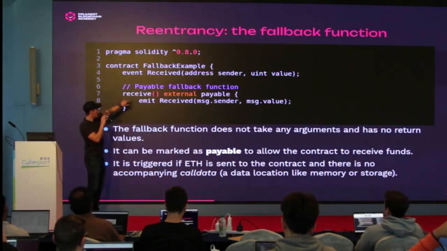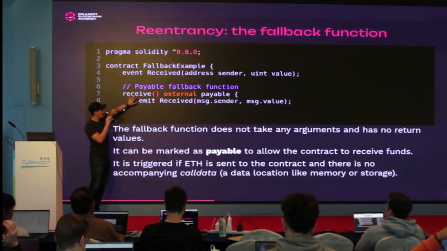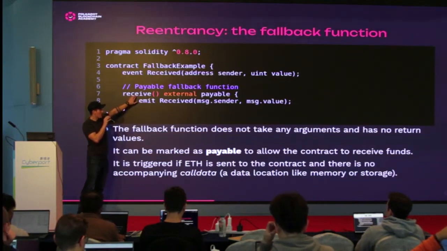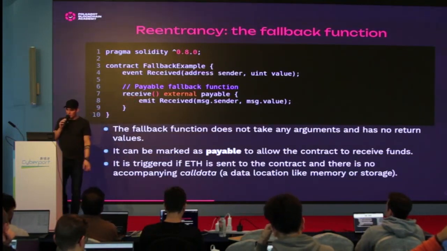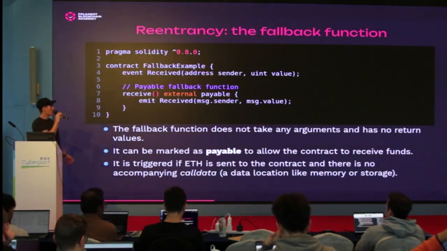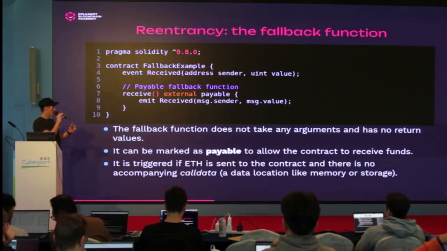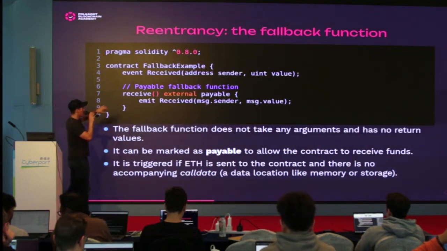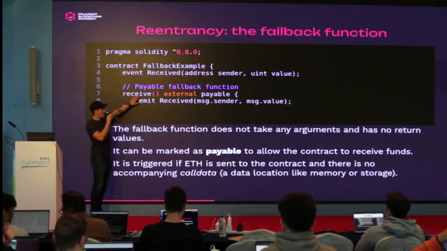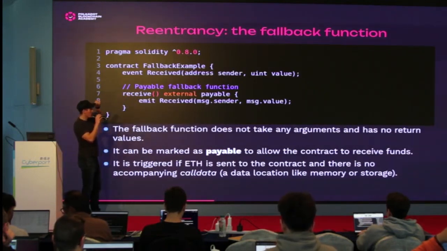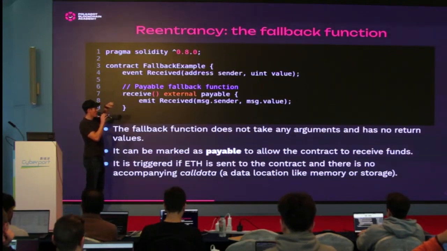Nowadays, you can call it using a fallback keyword, but it's a function which is called when basically no other function matches. Originally, there was only a receive fallback function. It was a function to accept funds.